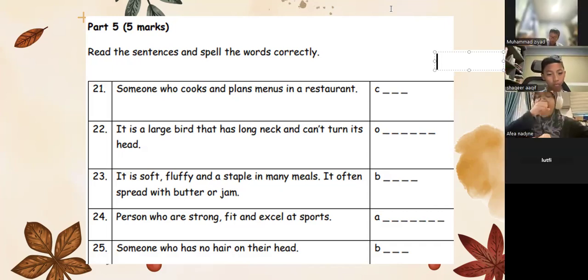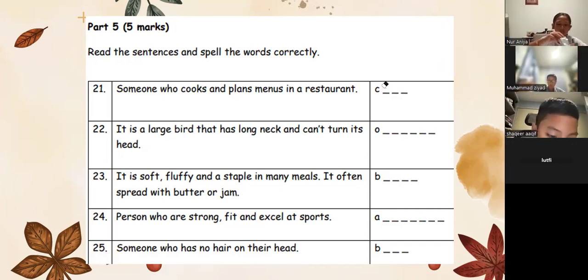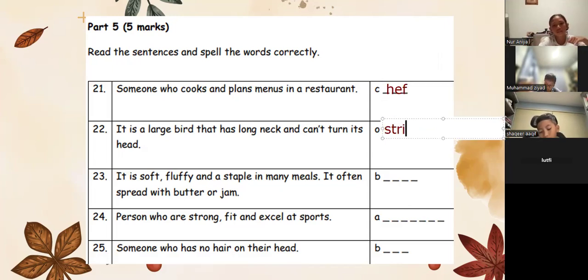All right, let's discuss. What's your answer for number 21? Someone who cooks and plans menus in a restaurant. Chef. Very good. Chef is the correct answer. Next one, it is soft, fluffy, and a staple in many meals.